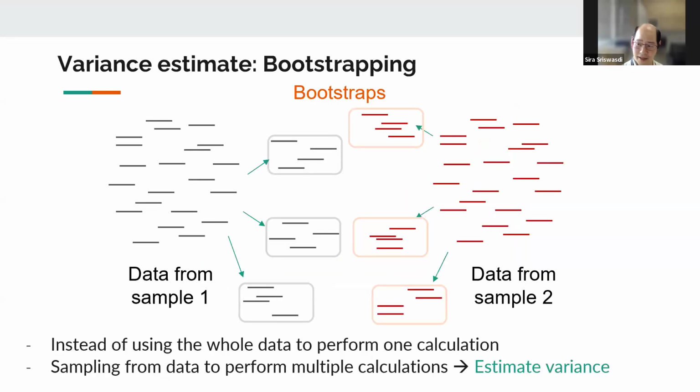Another technique that we will see later on is called bootstrapping. Let's say we have data from two patients and we do DNA sequencing, so we have a lot of DNA fragments. If we analyze all the DNA fragments and get one measurement, then we have two data points, one from patient 1, one from patient 2.